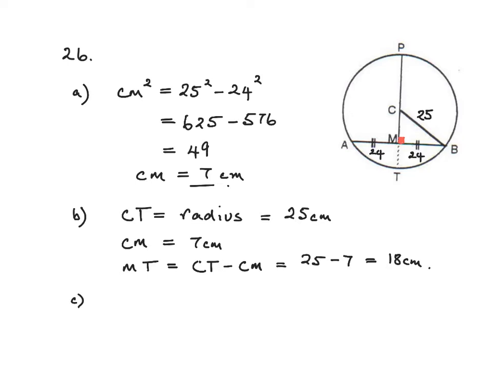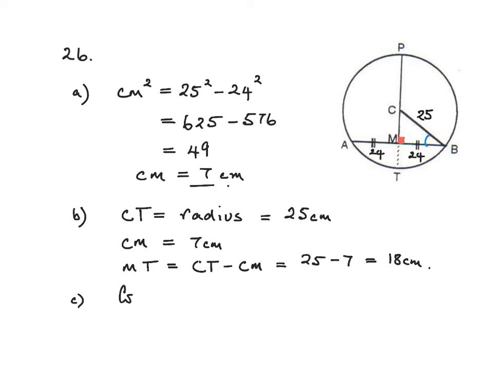Angle CBM is this angle in here. Now, what we're going to do is to use the 24 and the 25. So the 24 is the adjacent side and the 25 is the hypotenuse. We can in fact use any one of the 3 trig ratios.